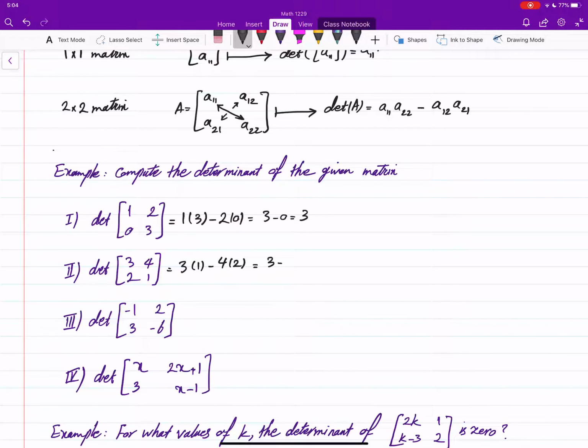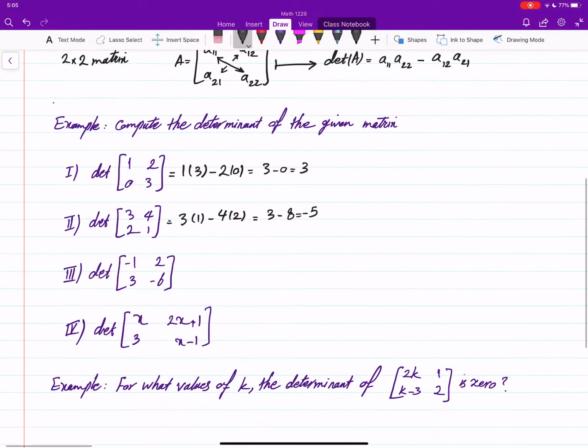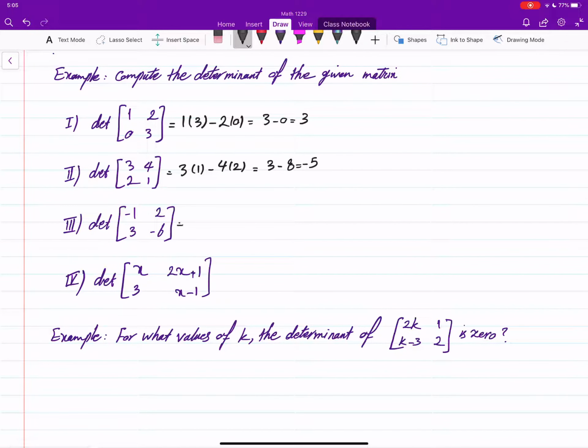It's 3 minus 8, which is negative 5. Main diagonal, negative 1 times negative 6 minus off diagonal product, so 2 times 3. This is 6 minus 6, which is 0. Yes, determinant can be 0.